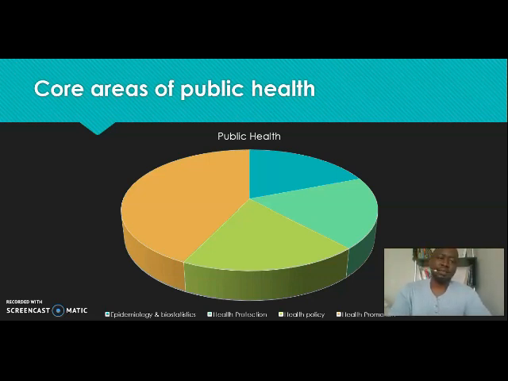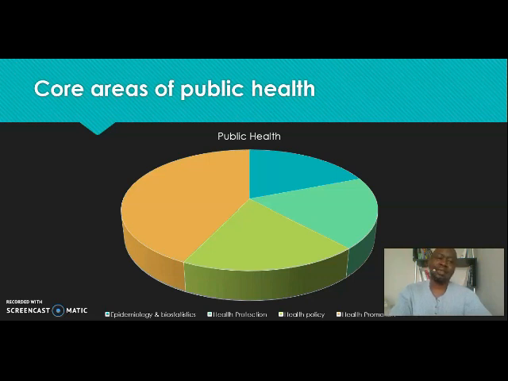Now, some schools of thought consider environmental health as a separate core area. But oftentimes, it's not uncommon to find environmental health being considered as a subdomain of health protection, wherein health protection would include communicable disease control, environmental public health, emergency preparedness, resilience, and response.